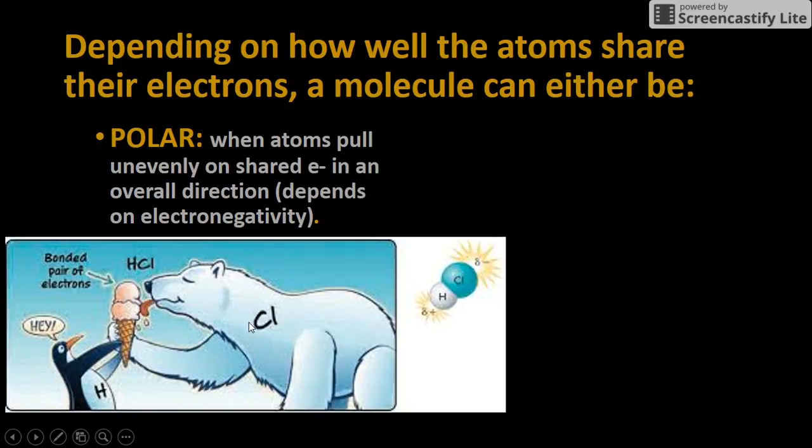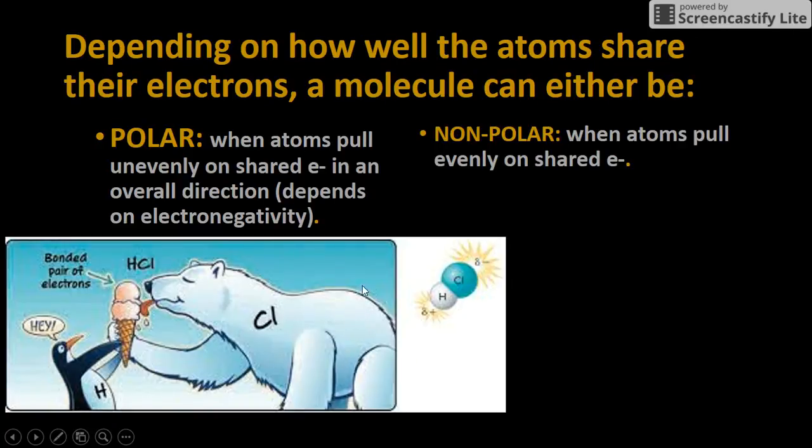As you can see, the polar bear, the chlorine, is getting a lot more of this ice cream than the penguin. So even though they're quote unquote sharing these electrons, it's possible that the sharing is not very equal. And you use your electronegativities to determine who is getting more of them than the other. And as a result of this, you're going to have a little bit of a negative and positive charge here. We'll get into that a little bit later.